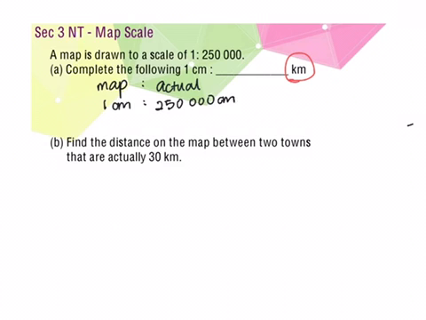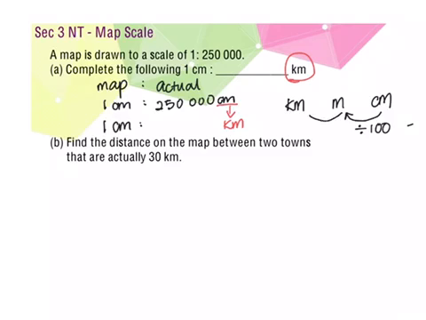So what we need to do is keep 1 cm on the map, but change the unit here to kilometers. Let us recall from our 3 different units, kilometers, meters, and cm. To change from cm to meter, I divide by 100.